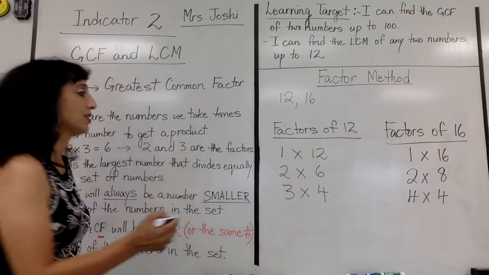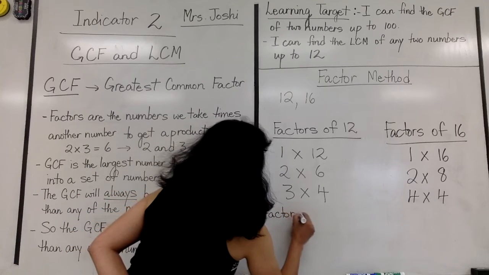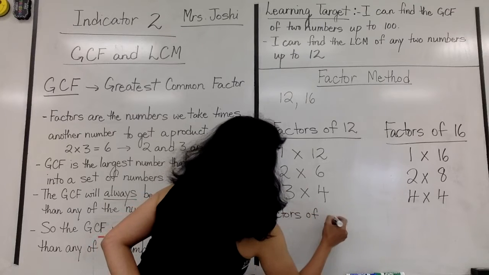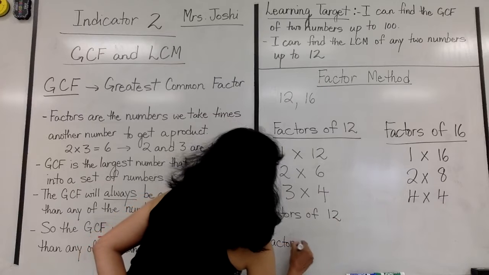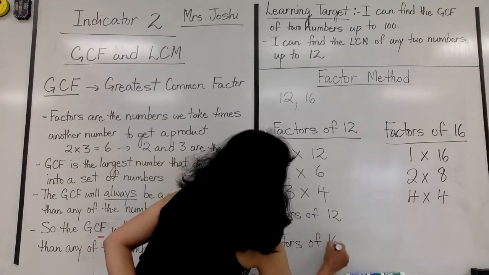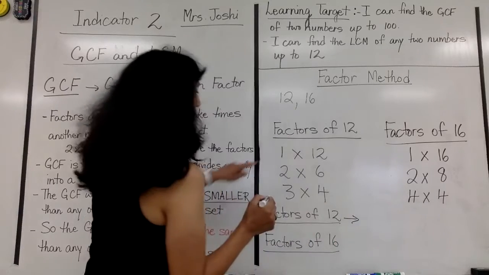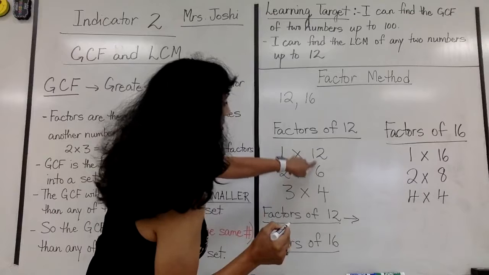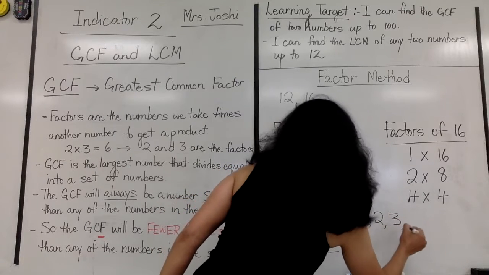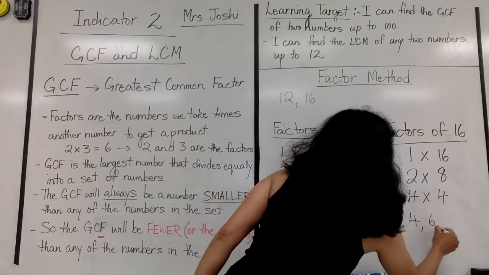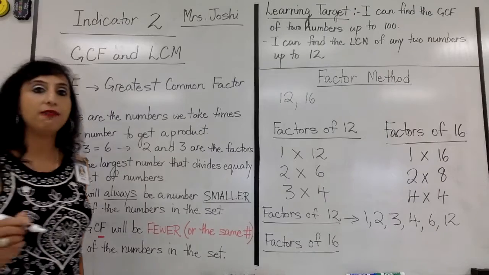Once we have this, we are going to write out all the factors. So factors of 12, factors of 16. Here we had 1, 2, 3, 4, 6, and 12. So these are the factors of 12.